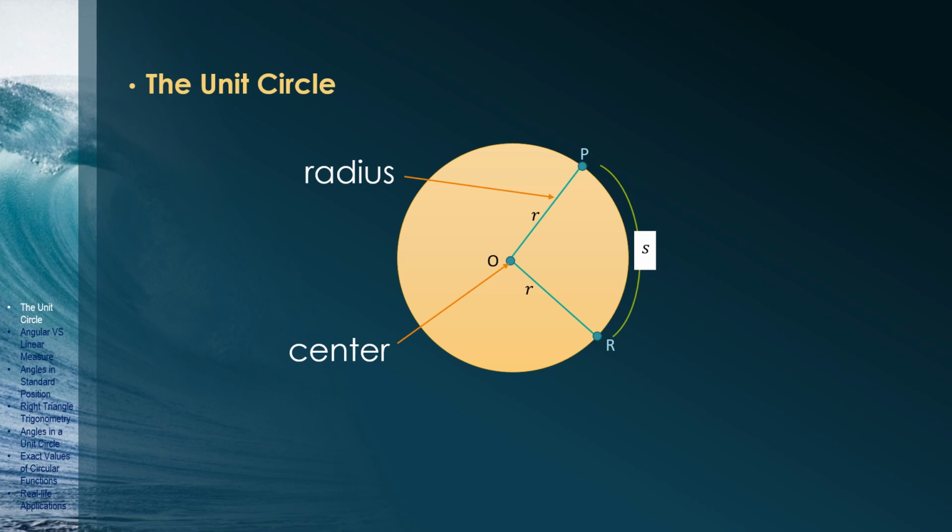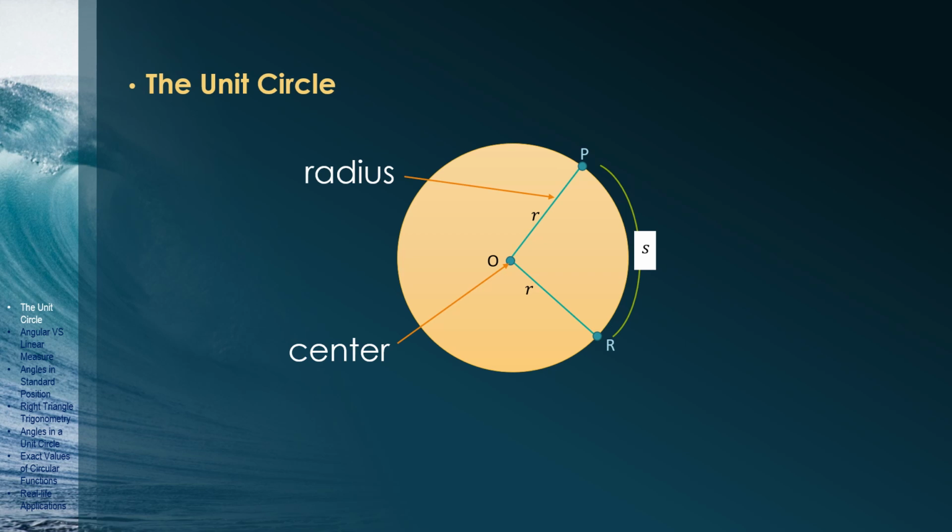Now let's say we get another point on the circle and label that R. Then we form another radius of the circle. Take note that these radii have the same length. Now taking together these two radii that you see on the screen, we would be able to form an angle.